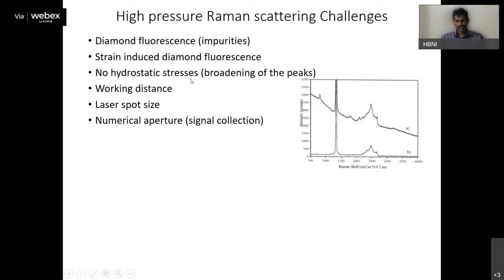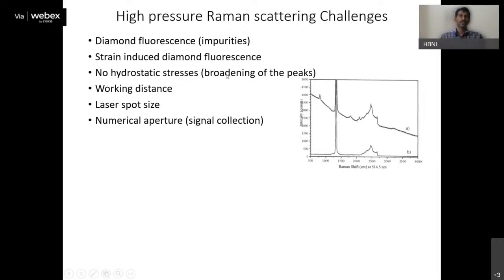Of course, when your system is at about 10 GPa or so, the normal pressure transmitting medium reaches its limit, and because of these non-hydrostatic stresses there will be a broadening in the Raman peak. Most of the time, when you increase the pressure, the intensity reduces and there is also broadening, so it becomes difficult to do these measurements.